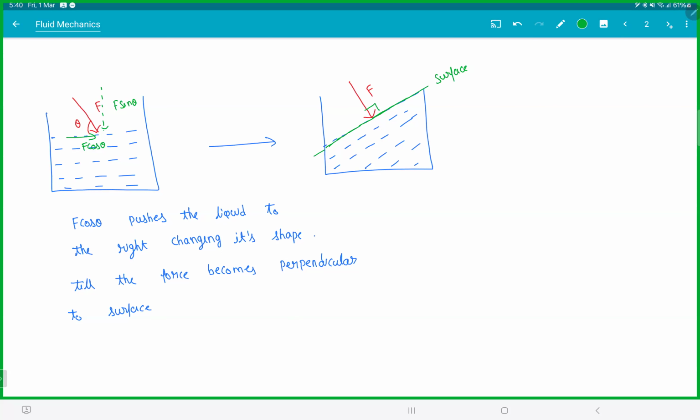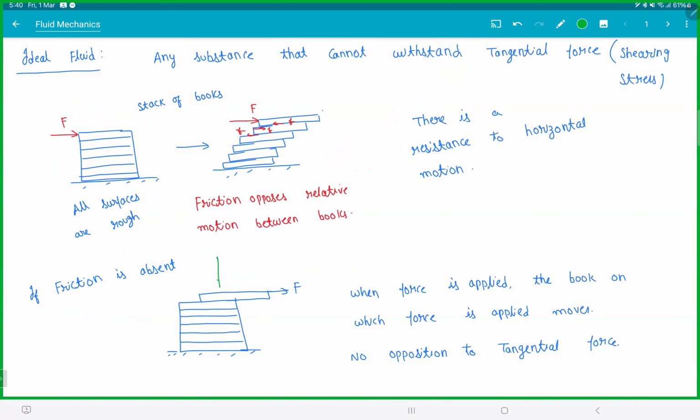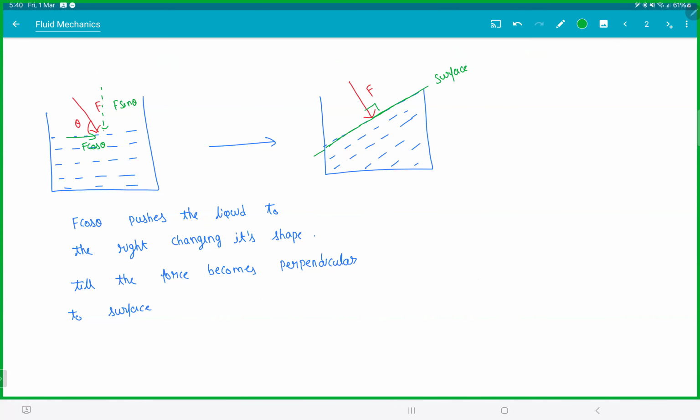You're getting the logic there? See, liquid does not have a problem with compression. When you take these books, if you push the books like this, is there any problem? Books don't have a problem when you're compressing them. The moment you try to apply a horizontal force, the book starts sliding. The same thing happens here. If you try to apply a force at an angle, the liquid will keep moving till it becomes perpendicular to the surface. Clear with this?